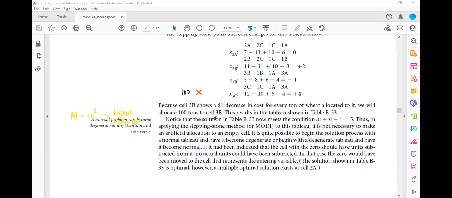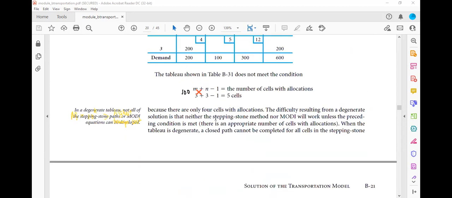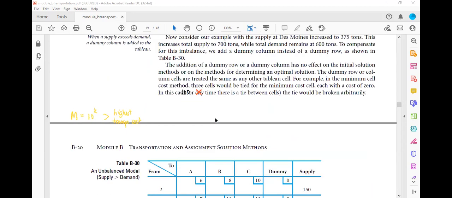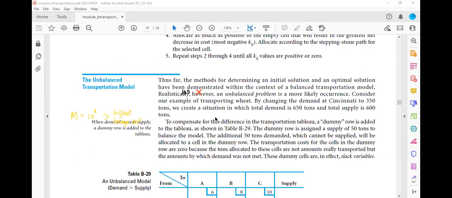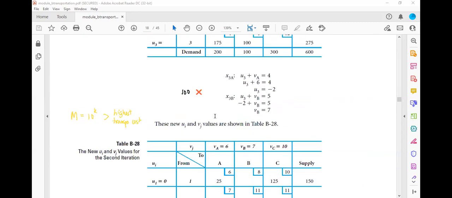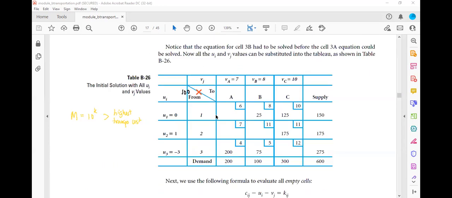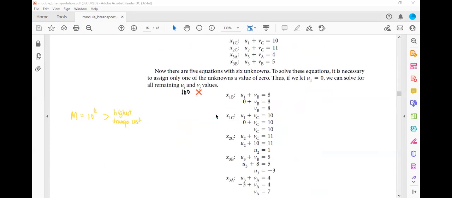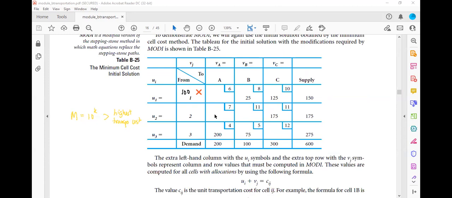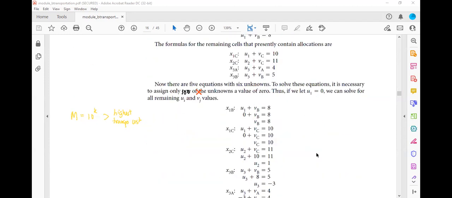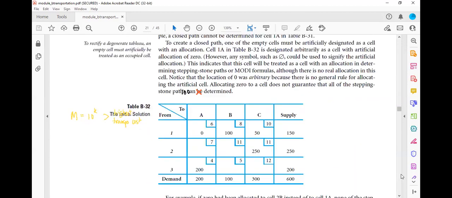Let's see. Parehas yan eh, no? Parehas din. Pare-parehas ba ng example dito? Okay, so let's just look at the exercises.